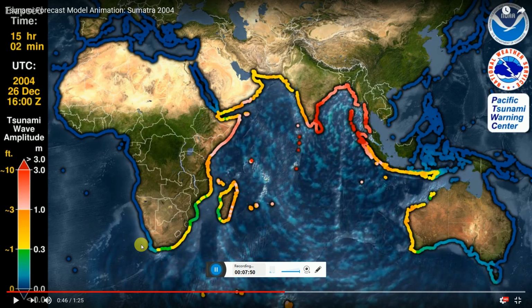Now along the rest of the coast you will have barely noticed the wave, but in this bay next to Lüderitz it got focused to the point where you would have been in serious danger if you had been standing there.